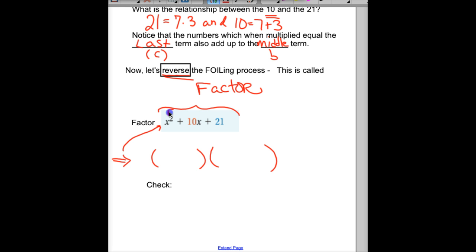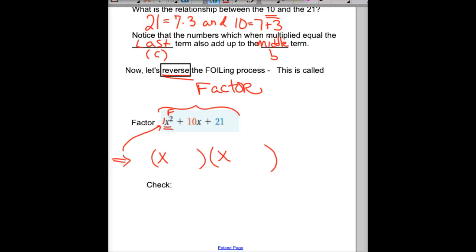Well, the only way for me to get x squared out of those first terms is to do x times x. That's why it's important that we notice that this coefficient was 1. Because when we mess with that and make it, say, a 6, then we've got to decide if we do, say, 2 times 3 or 6 times 1. But when we lead in just an x squared, that decision is made for us, because the only way we can get that is x times x.